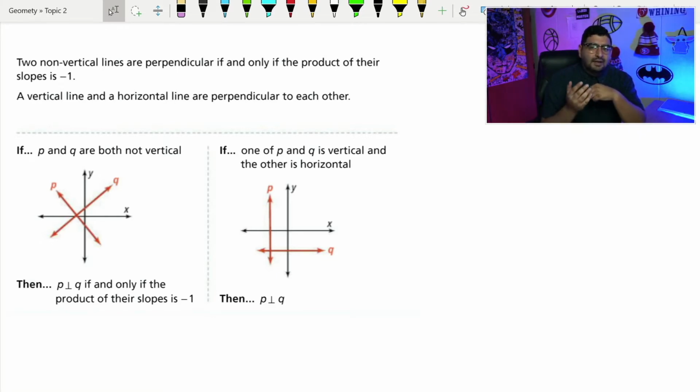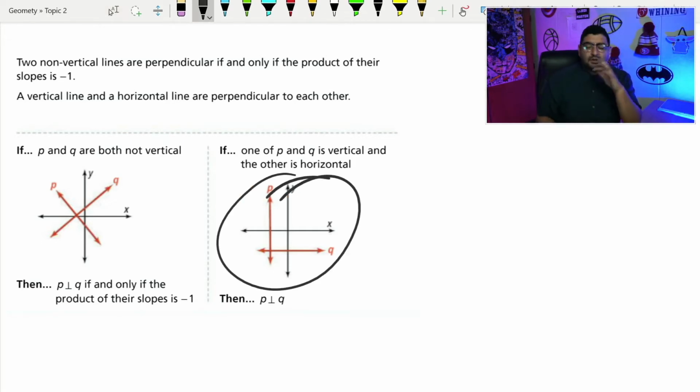The other way we can prove that lines are perpendicular is if we have one vertical line and one horizontal line. If we know that one line is completely vertical and one line is completely horizontal, much like this figure, we know that these two lines would be perpendicular.